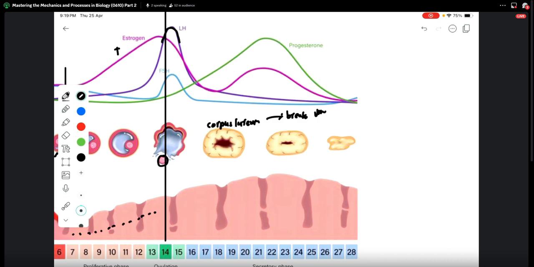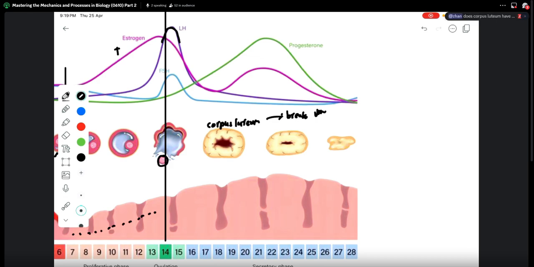So progesterone can come from two places. First one is the corpus luteum, and the second one is the placenta. But of course, the first one is from the corpus luteum, because immediately after ovulation, the whole ovary will start to become the corpus luteum. It will secrete it first. Then later on, yes, later on.